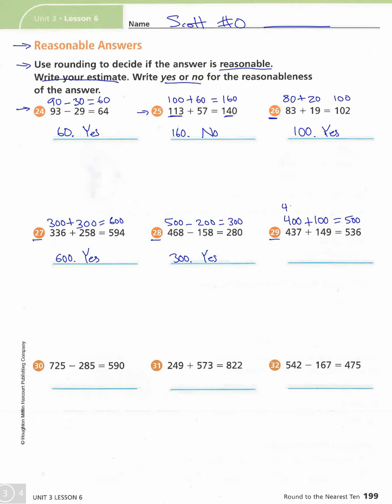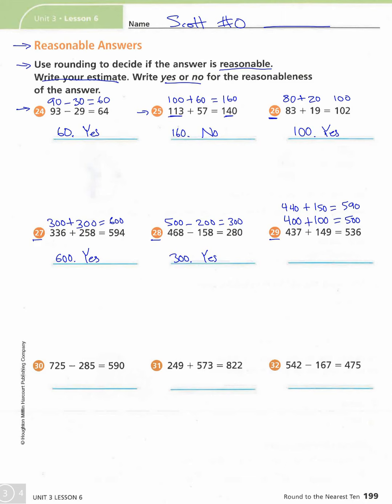Let's go 440. This time I'm rounding to the tens. And this one becomes 150. So now when I add those together, I get 590. Is that what I get? Yeah, 590.